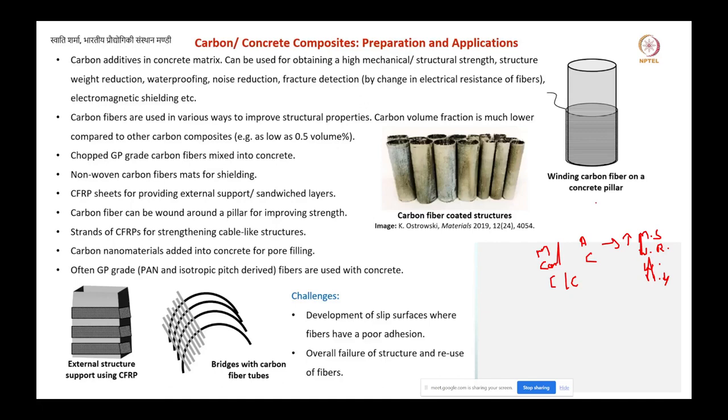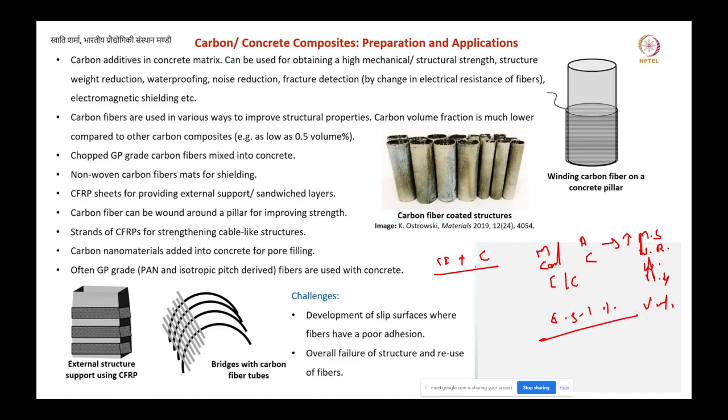It is very low, you can take let's say 0.5 to 1% volume. Chopped GP grade carbon fibers will be mixed into the concrete, and non-woven carbon fiber is made for shielding.